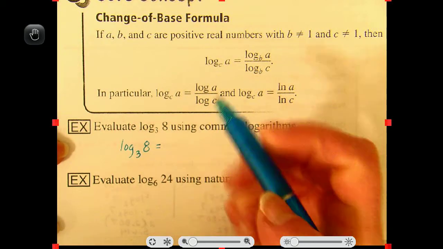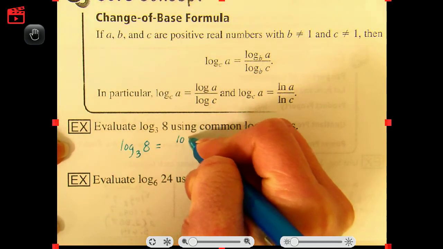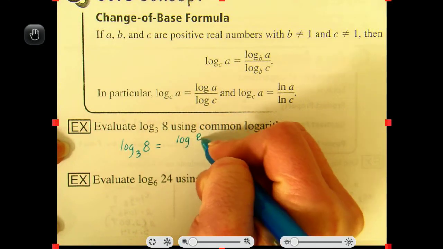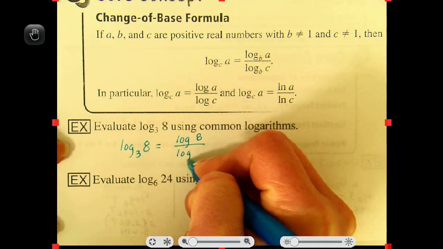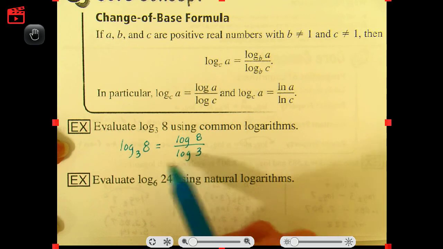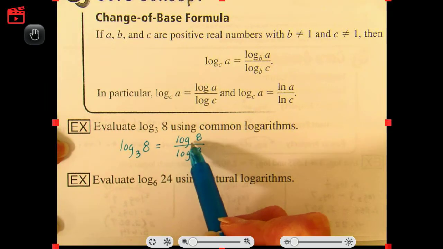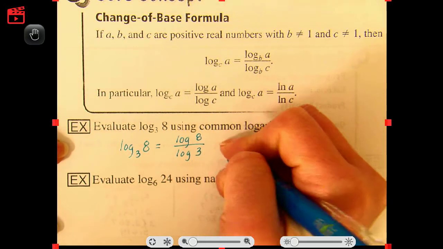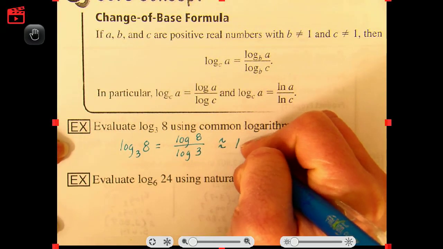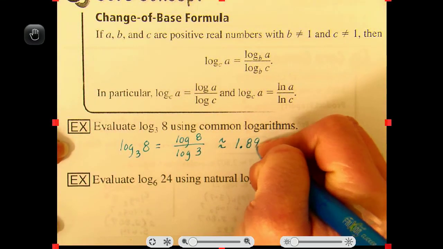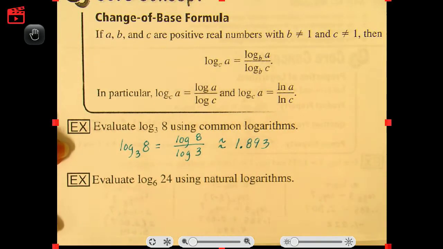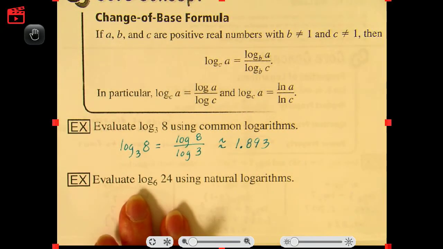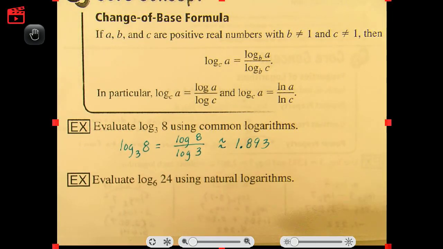I would have to type it in as log 8 divided by log 3. These will have the same value. And notice now this is a base 10, so I can use the calculator button. And when you type that in, you should get somewhere around 1.893. So you should make sure you type that in so you can get that value. And the log button is, I think, by the number 7.